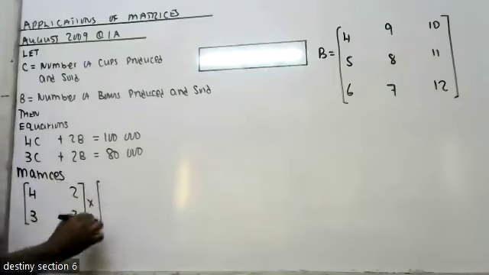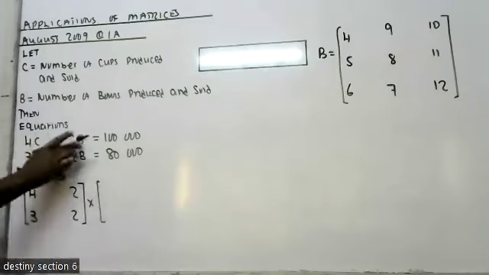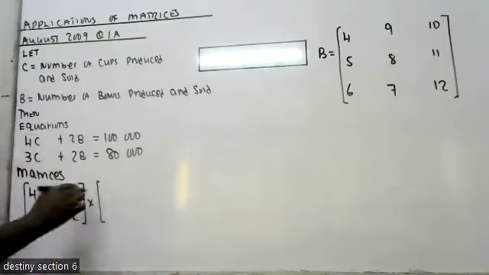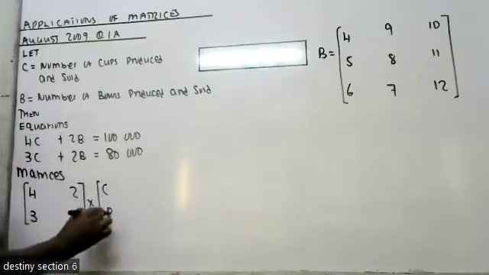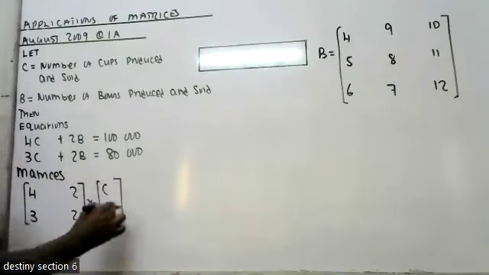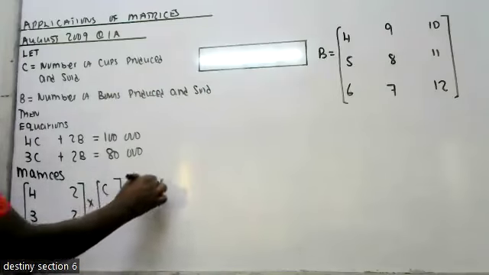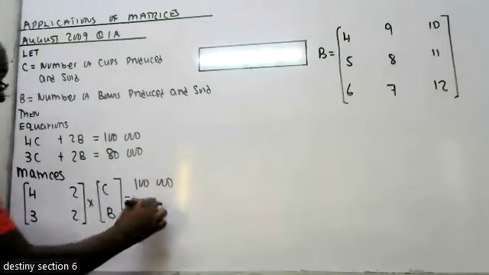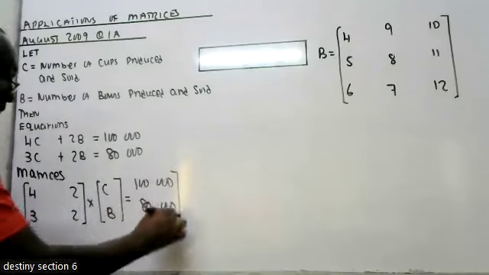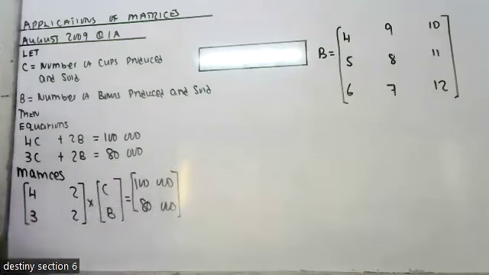You multiply by the unknowns, C and B. They are equal to this 100,000 and this 80,000.